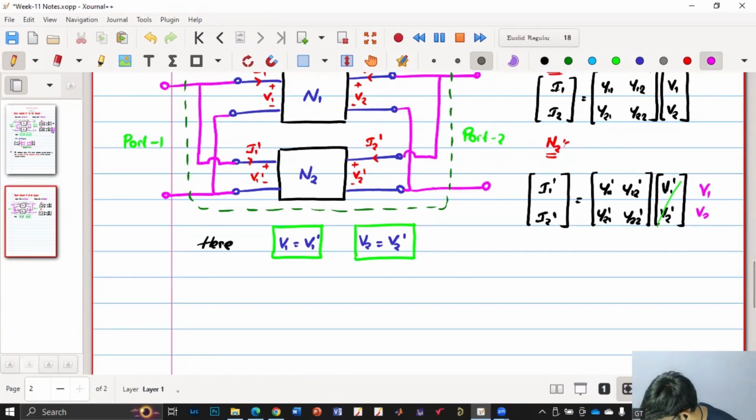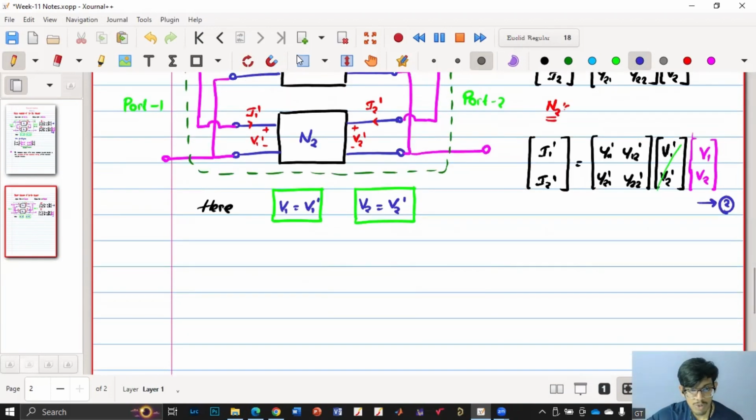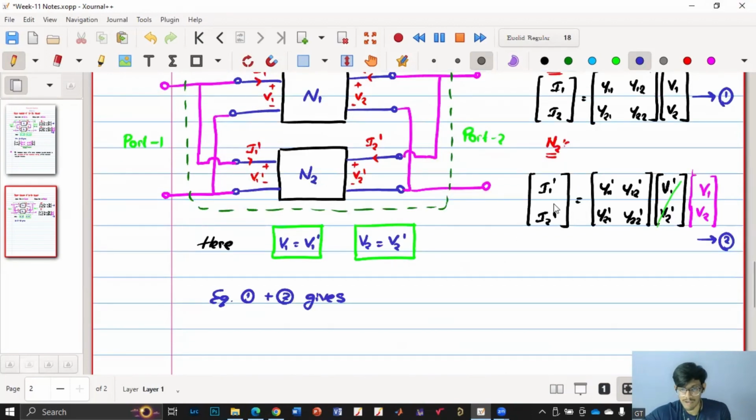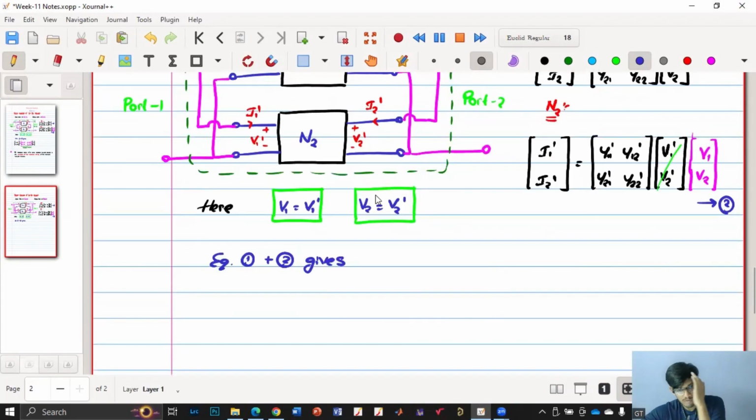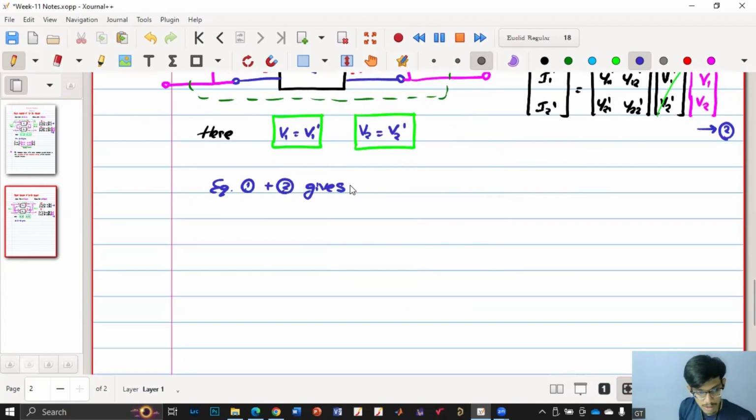Now if you see, we can add these two equations again. So let us name this equation as equation 1 and this as equation 2. Now we'll do equation 1 plus equation 2. What does it give? On the LHS side, we have I1 plus I1 dash, I2 plus I2 dash. On the RHS side, we have V1 and V2. So let me just quickly write that expression.